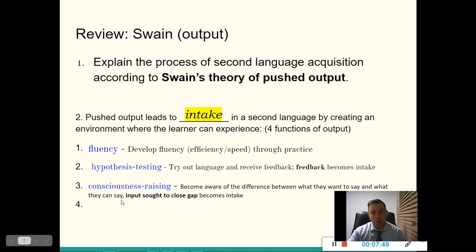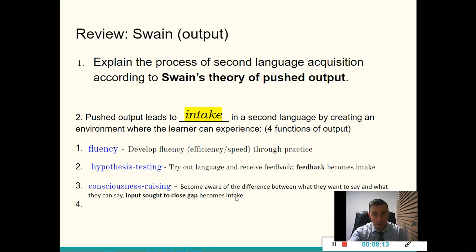And the other important thing about consciousness raising is that the input that you seek to close the gap becomes your intake. So whereas in hypothesis testing, you try something out, and as a result of that, you receive feedback, in the consciousness raising function, you're producing output so you realize what you can't say.